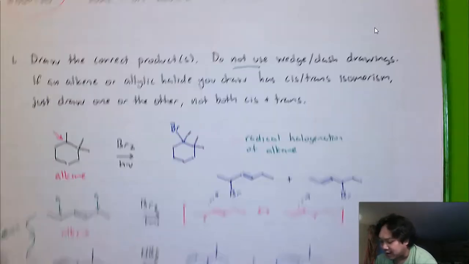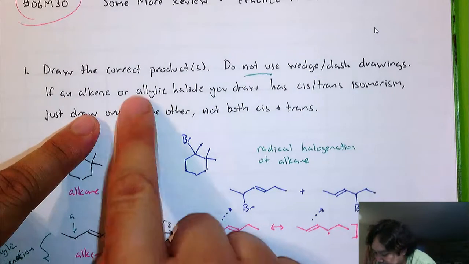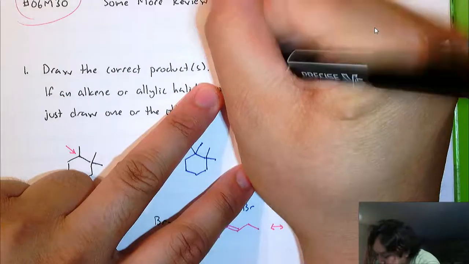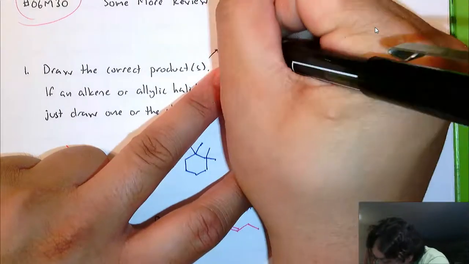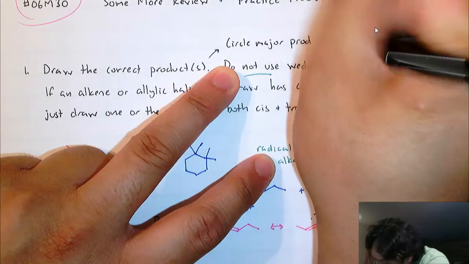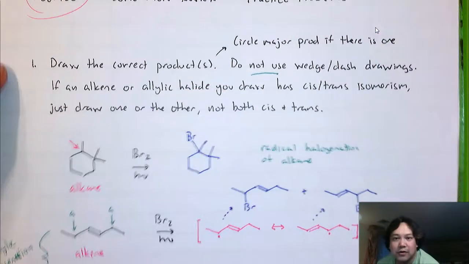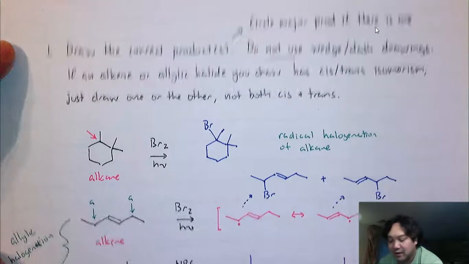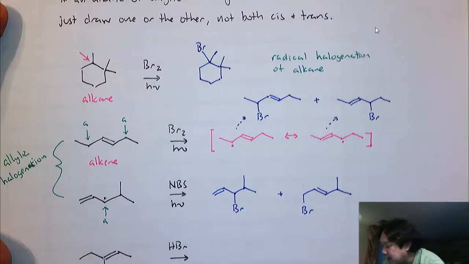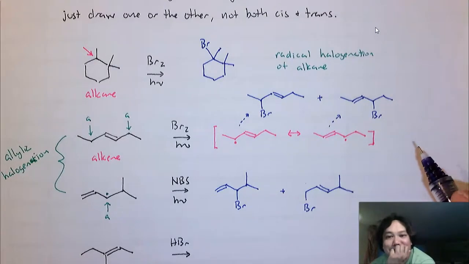I should have also said circle the major product. Circle the major product if there is one. The thing is, we only have one product here, so obviously that's the major. When you have allylic halides, you're choosing the major product based on the stability of the double bond.